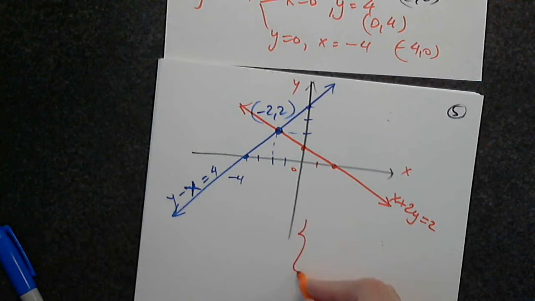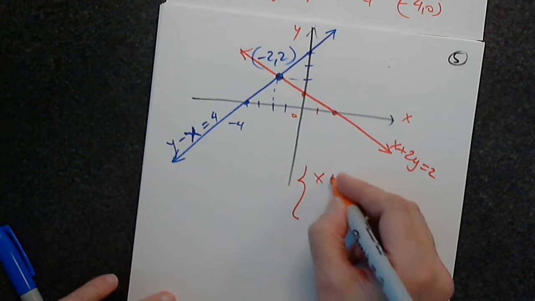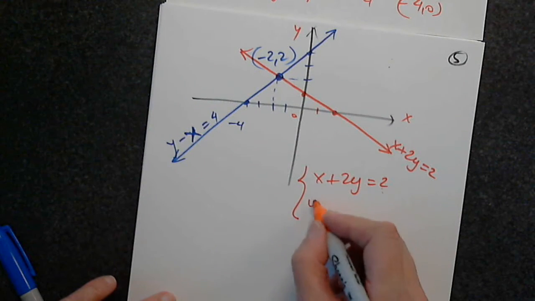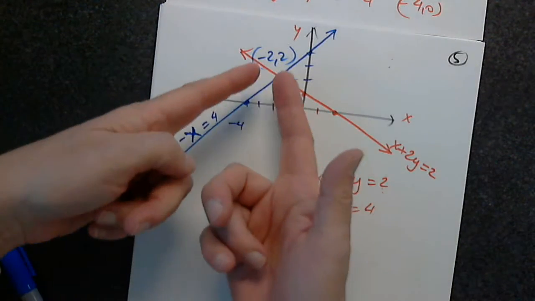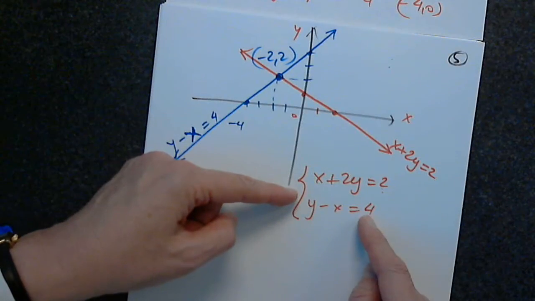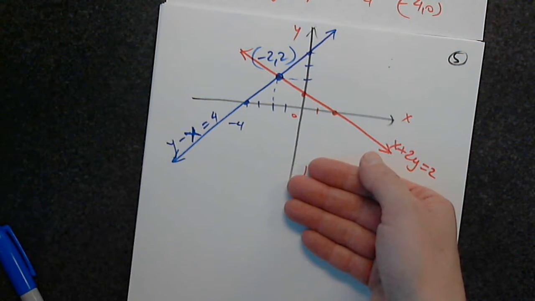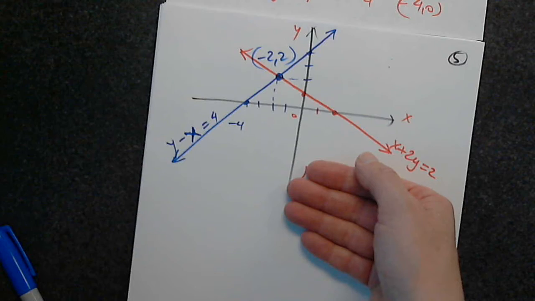Back to the system. I'm going to copy the system here again. X plus 2y equals 2 and y minus x equals 4. So we have to check. This point has to verify both equations, otherwise it's not the solution. I have to go back and do something else. Graph again, who knows?